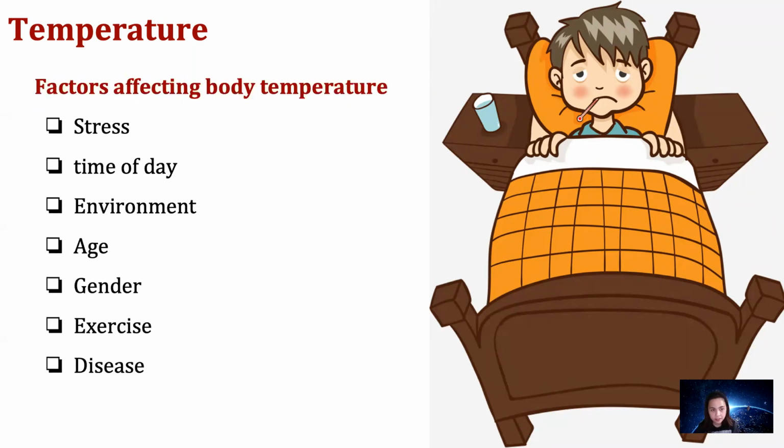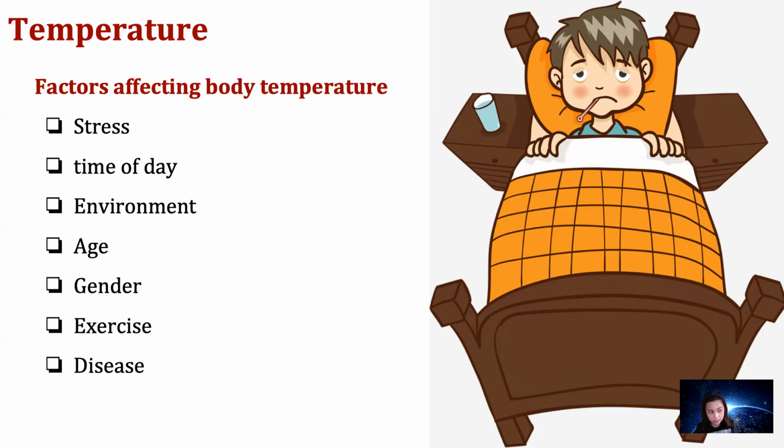So what are the factors affecting body temperature? First is you have stress, you have time of the day, you have the environment, age, gender, exercise, and disease. If you're stressed, your temperature will be higher than if you're not stressed. Time of the day, depende yan kung anong oras ka.